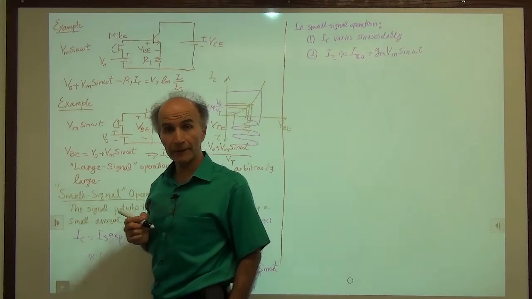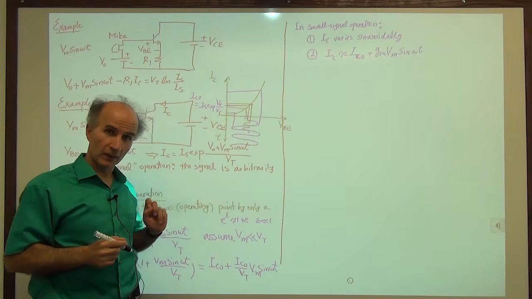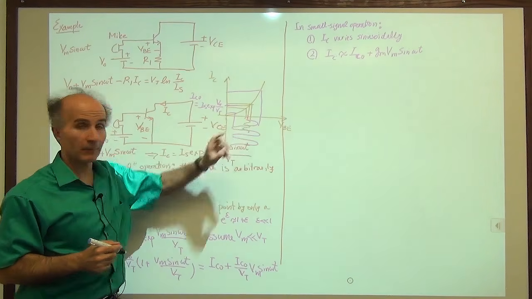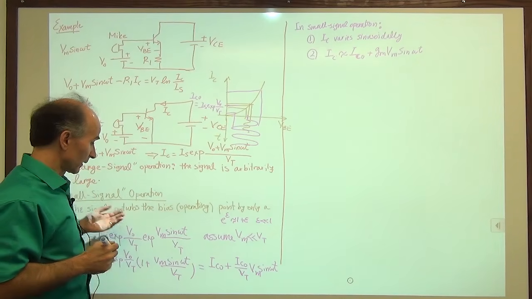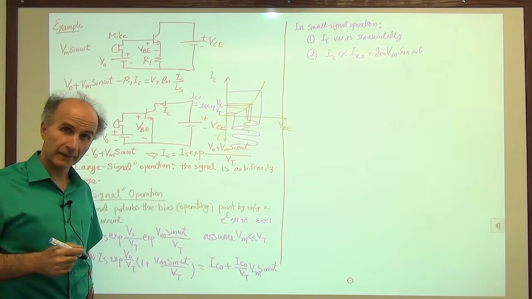That's fascinating, isn't it? As soon as we made an approximation that the input sinusoid is small, the perturbation is small, the current is small, suddenly the output contains only a sinusoid, no more than that.